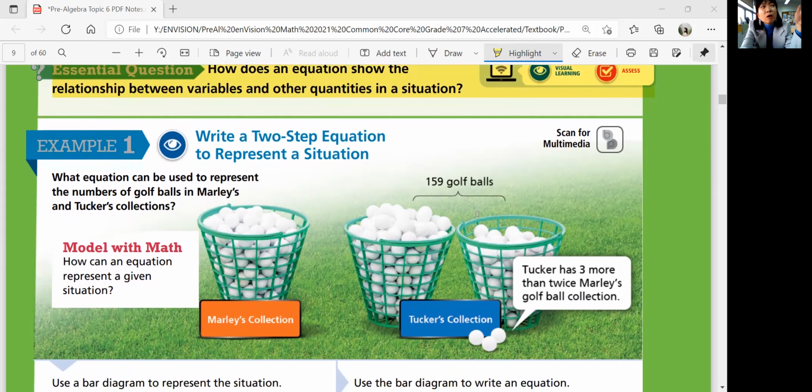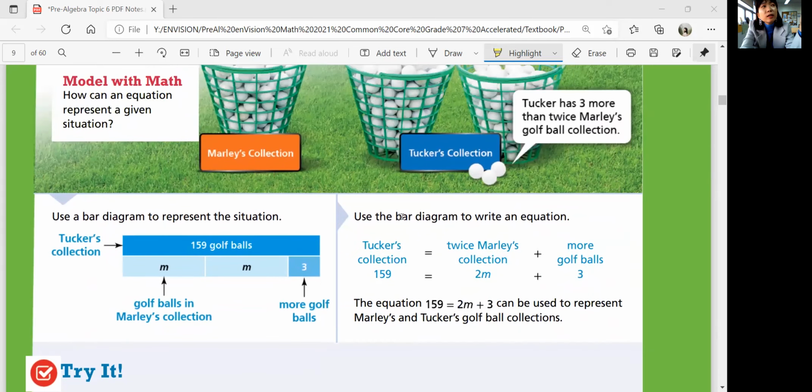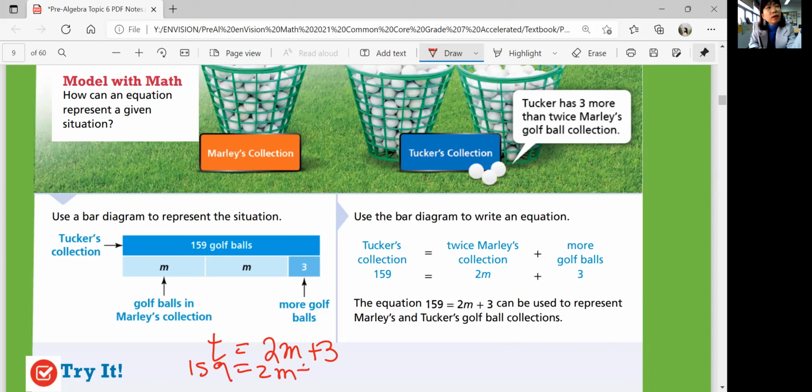Can we figure out Marley's then? Using the expression that we had earlier, we know that Tucker's will be 2 times Marley's plus 3, and we know that Tucker is now 159. So can we figure out M?